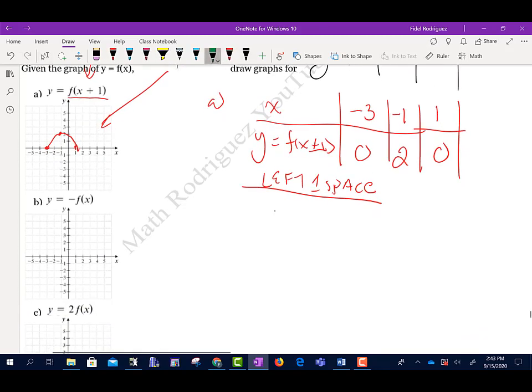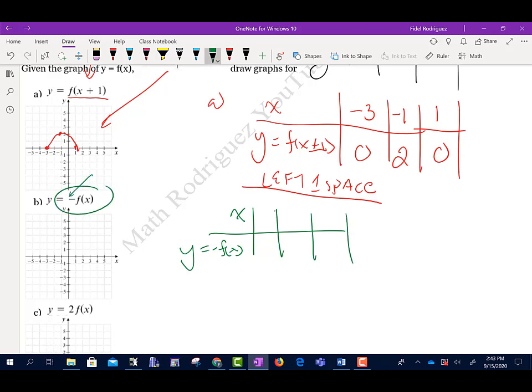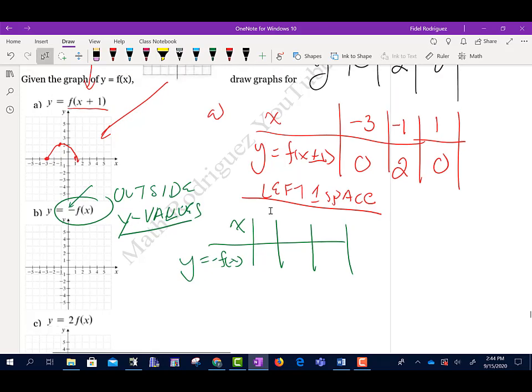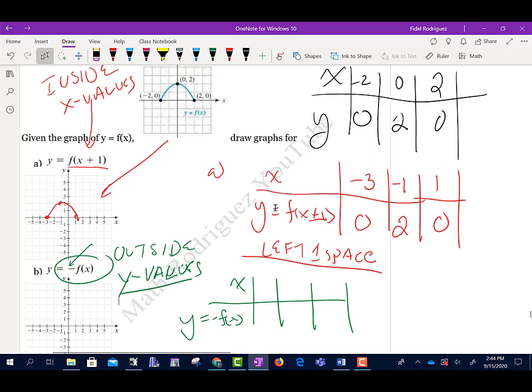Alrighty. Let's try the next one here. So notice where the negative is. It's on the outside, right? If it's on the outside, I'm changing my y values. Let me scroll up just a little bit so I can see my original table. Here we go. So my original table has these x values. Those will stay the same.